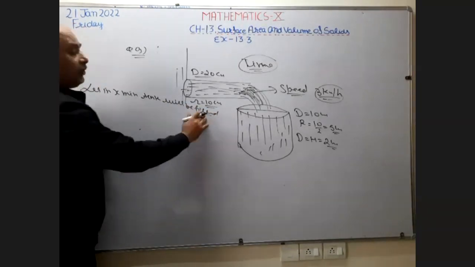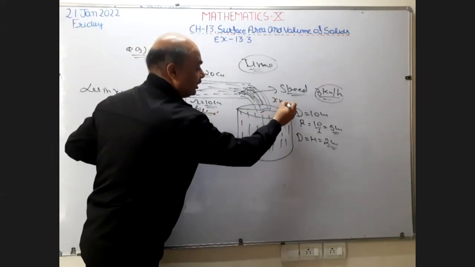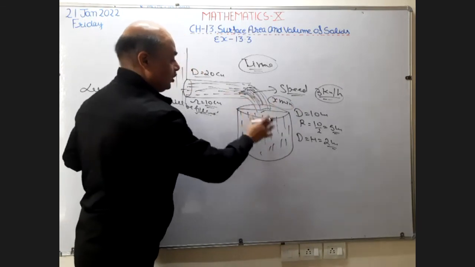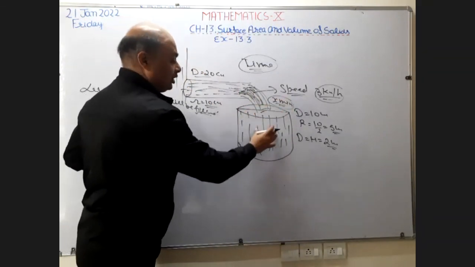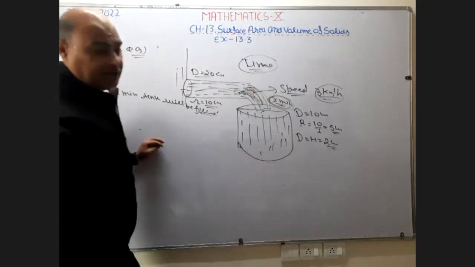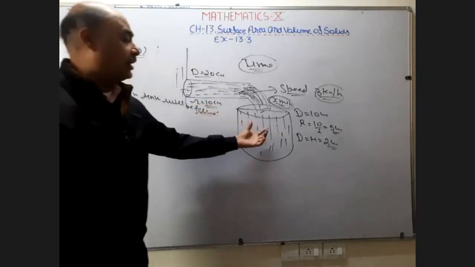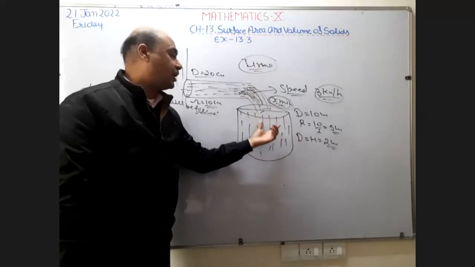This large tank is going to be filled in X minute. I suppose the time taken by the pipe to fill this tank is X minute. Let the time taken by the pipe to fill this tank be X minute.